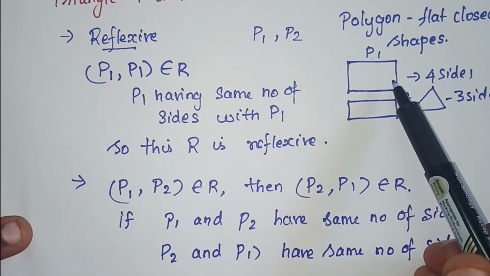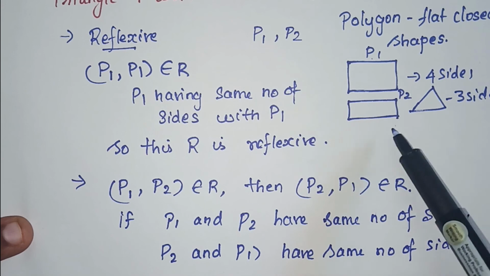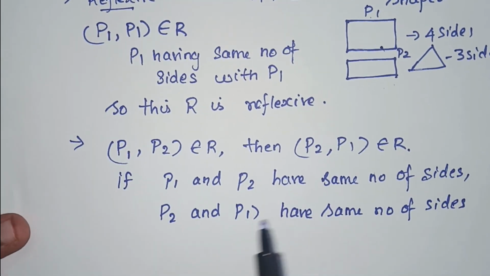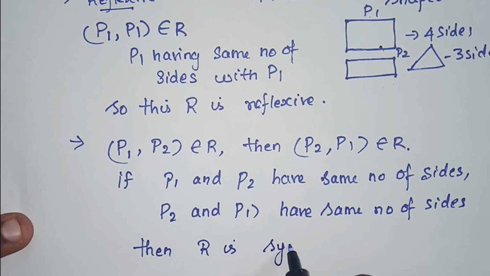If this rectangle has 4 sides, this rectangle also has 4 sides. So P2 is related to P1, and R is symmetric.